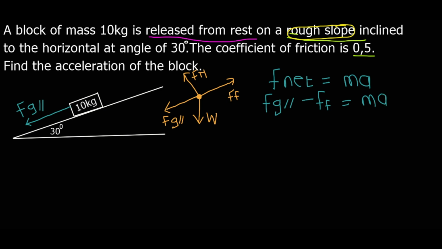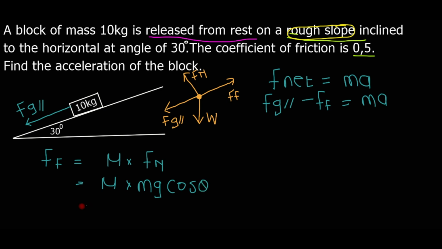But first we need to find this frictional force. Friction is the coefficient of friction times the normal force. Because this is an incline, the normal force is FG perpendicular, which is mg cos theta.